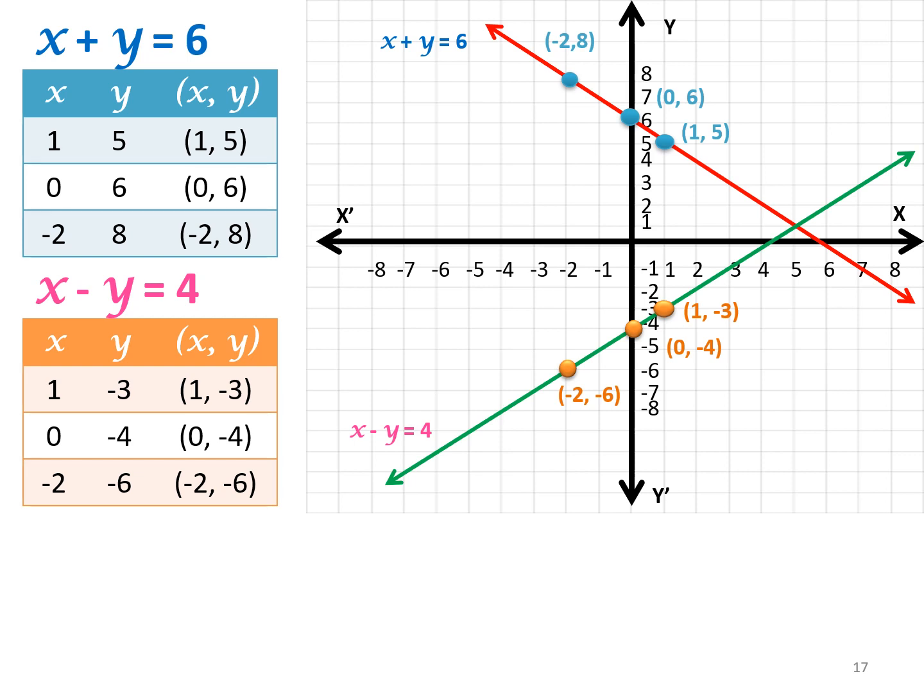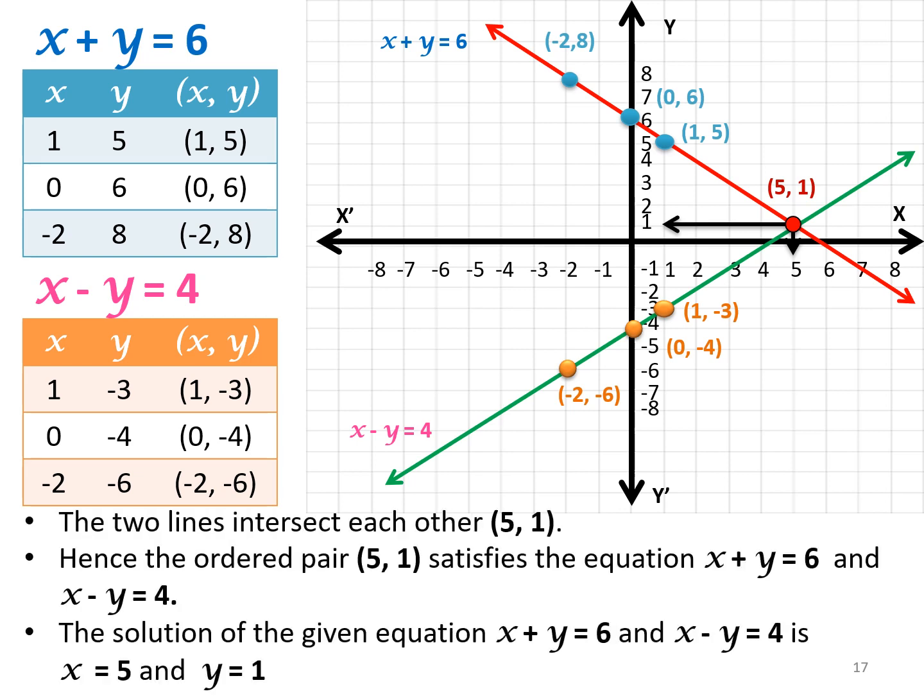When the single point is plotted against the x and y axis, I get two values, one value of x and one value of y. So the coordinate point is 5, 1.